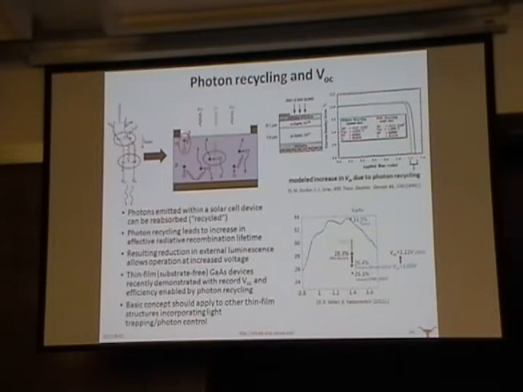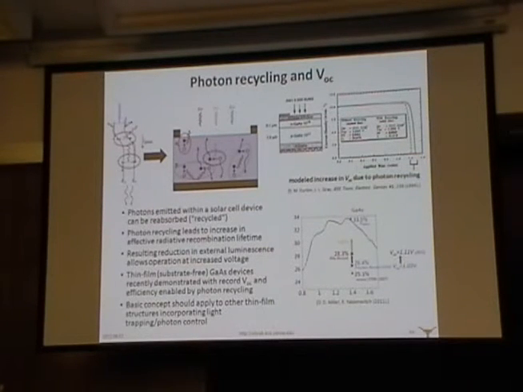But when you have recombination and emission of a photon, it's not necessarily the case that it will escape from the semiconductor. In fact, very often that photon is reabsorbed, and then you have another chance to collect those carriers. This is referred to as photon recycling. People started thinking about this back in the 50s.